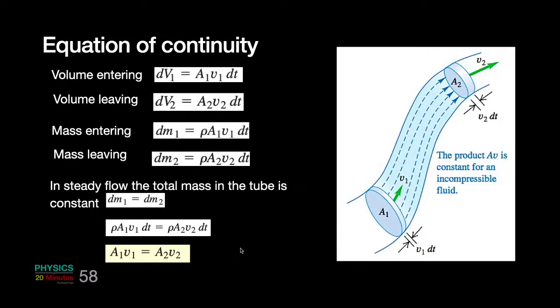All it says is that the amount of fluid entering a given flow channel in a given time has to be equal to the amount of fluid leaving the same channel in the same amount of time. So A1 V1 has to be equal to A2 V2. Now this has important implications. Remember, one implication we have already discussed, that this is possible only if the density is constant and the fluid is incompressible. You cannot compress the fluid.